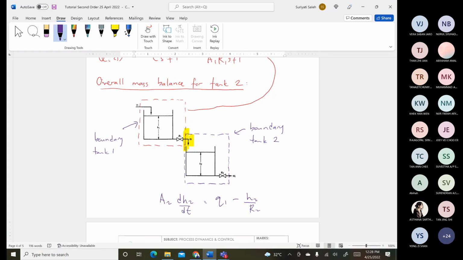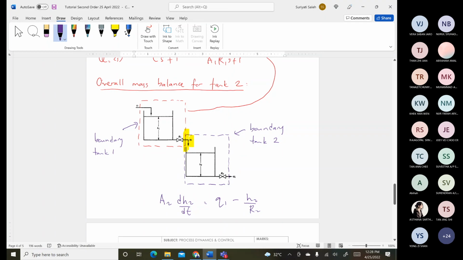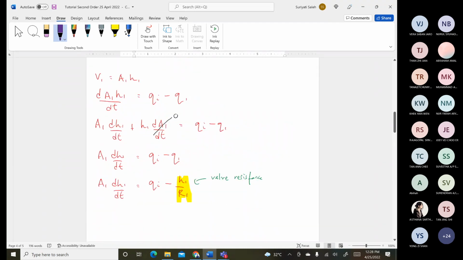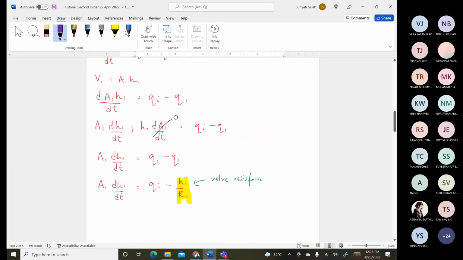Based on the boundary, we have A2 dH2 dt equals Q1 minus H2 over R2. This resembles the following equation. Only this one is applicable for tank number 1, and the previous one I showed before is for tank number 2. It has the same terms.